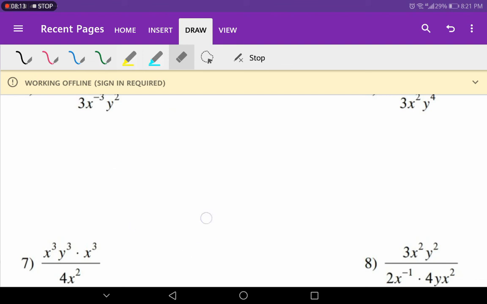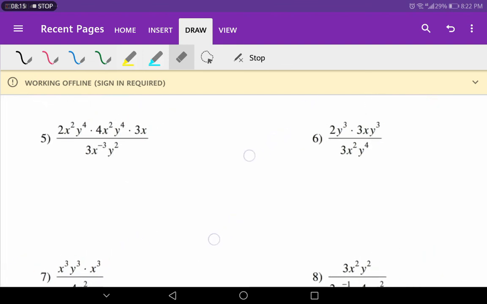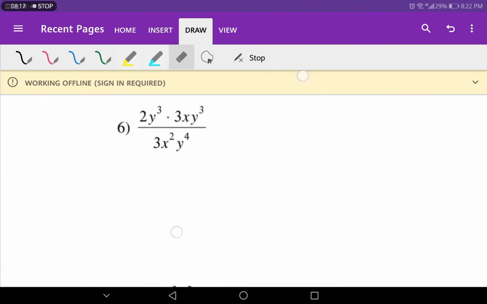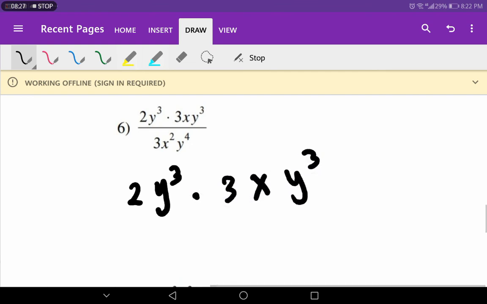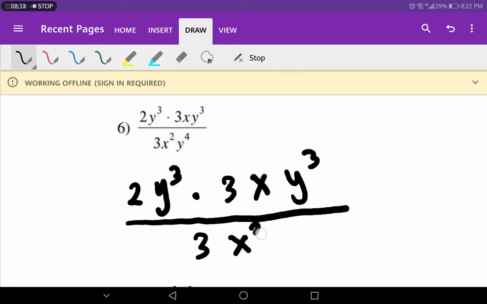Okay, let us do the next. It is number 6. It is 2y with power 3 multiply 3x y with power 3, and down we have 3x squared y with power 4.